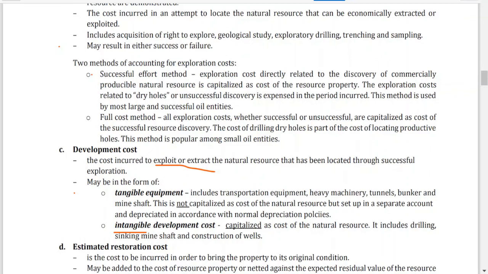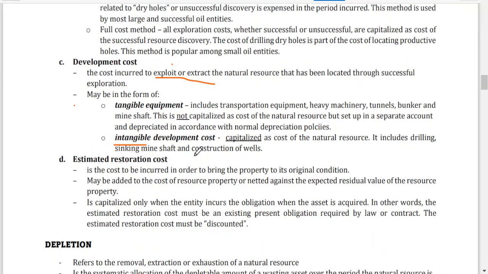And finally, we have the estimated restoration cost, and we have to take note that para ma-part siya sa capitalizable cost sa natural resource, kinahanglan existing na ang obligation from the time na napalit ang property, and this restoration cost should be discounted.